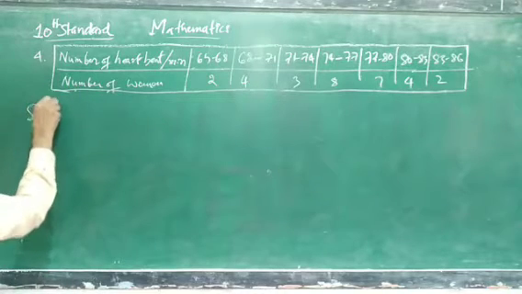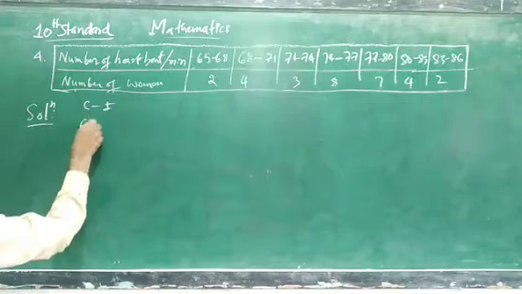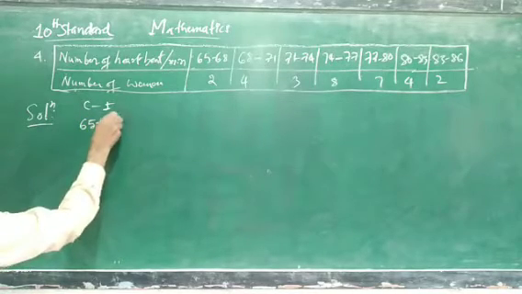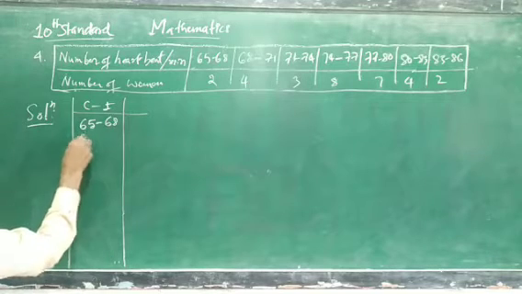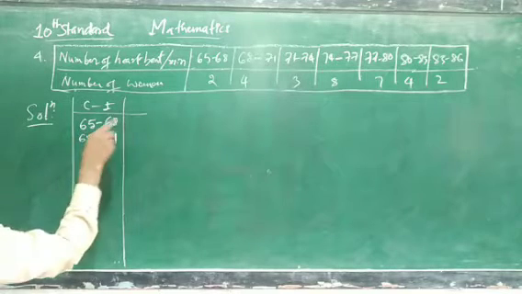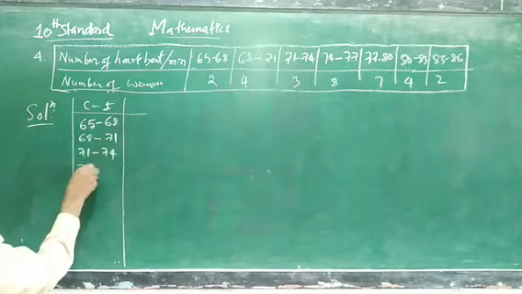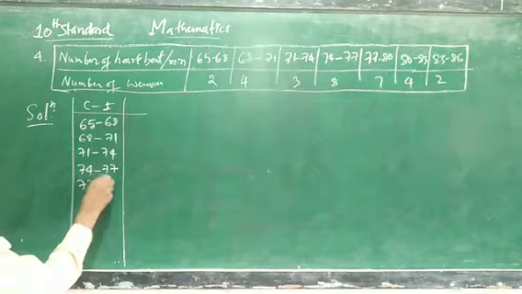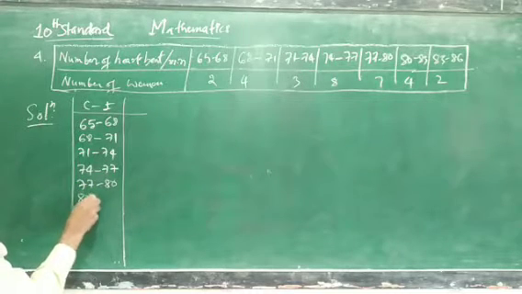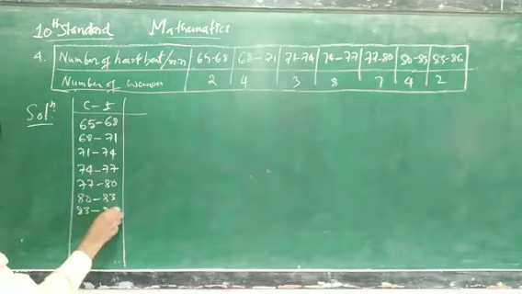Solution. So the class intervals are 65 to 68, 68 to 71, 71 to 74, 74 to 77, 77 to 80, 80 to 83, 83 to 86.